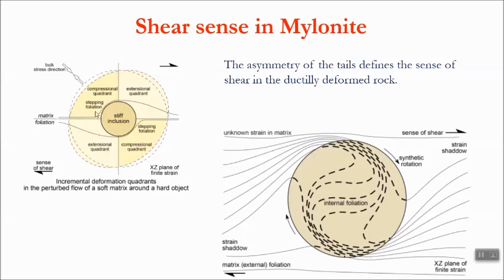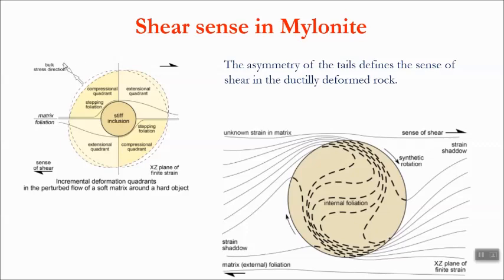If we see this porphyroclast, we can see that these light brown colored quadrants are the zones of compression, and the light pink colored quadrants are the zones of extension. Now in the compression zone, we have the two arrows towards each other, and in the extension zone we have the two arrows moving away from each other.